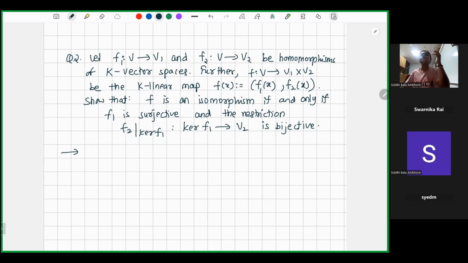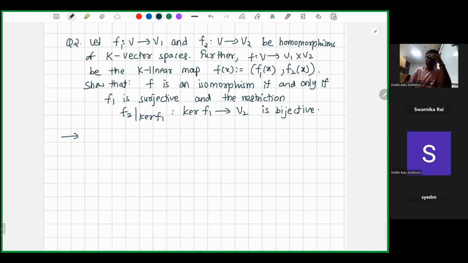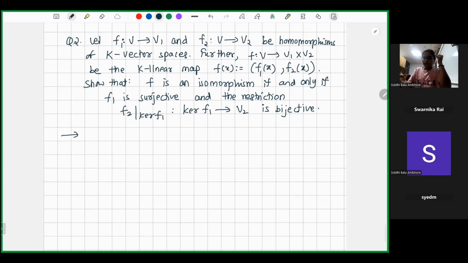F1 and F2 are from V to V1 and V to V2 respectively.